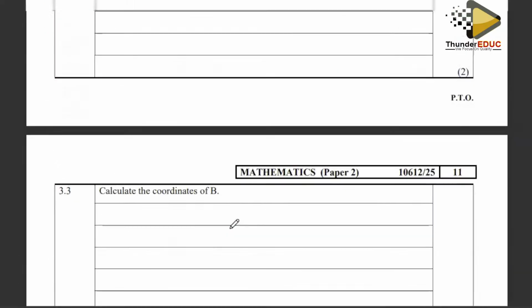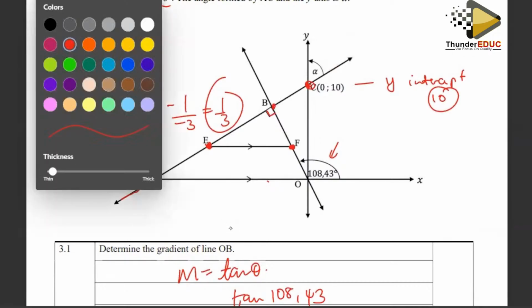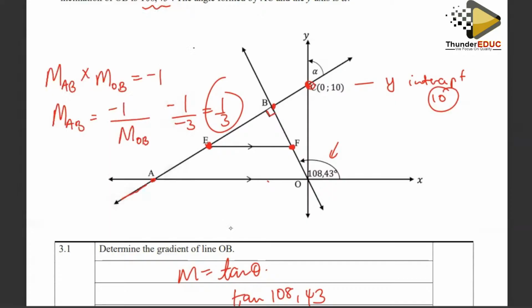All right, then calculate the coordinates of B. B is the point where the two lines are intersecting, and at this point the two lines are equal to each other. We have the equation 1 over 3x plus 10, and for OB we got the gradient as negative 3, but the y-intercept is 0.